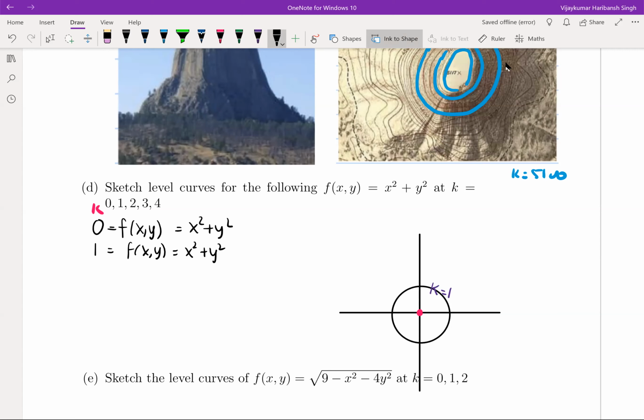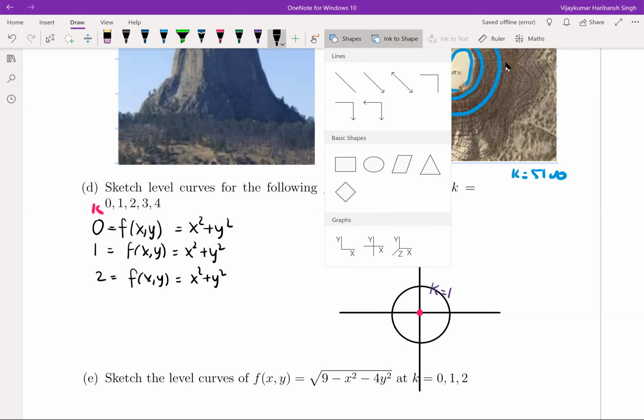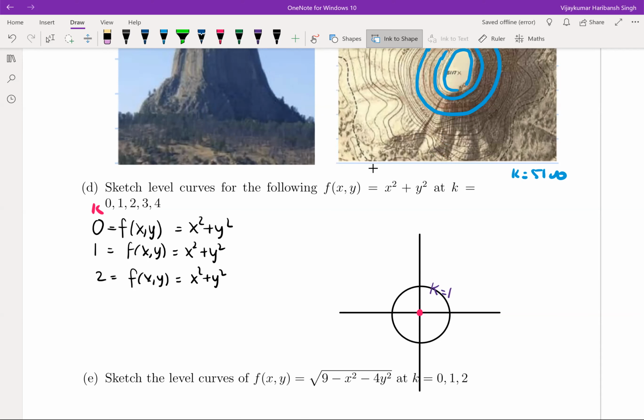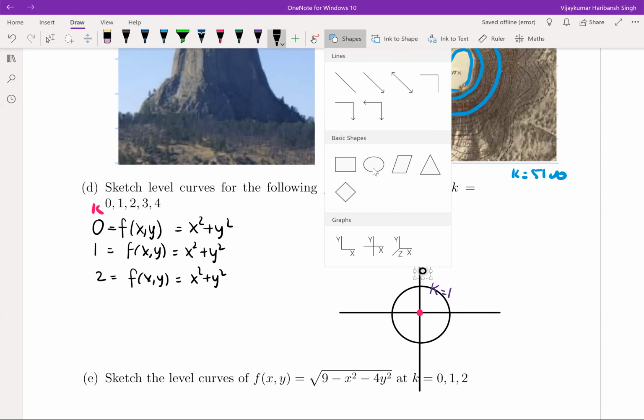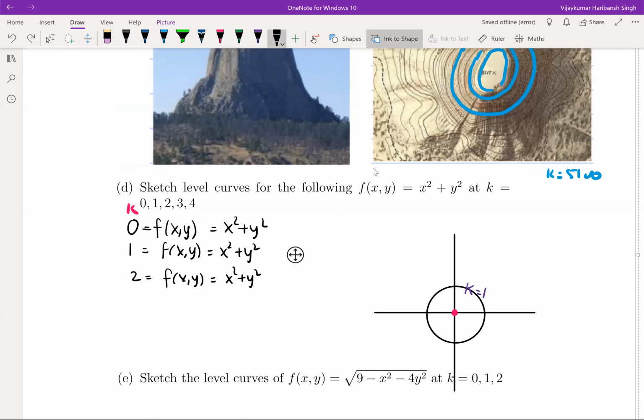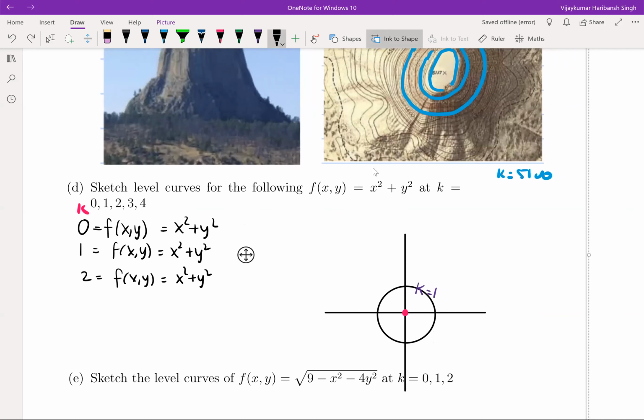Similarly, if I have f of x, y equals x squared plus y squared, in this case if k is 2, I get a slightly bigger circle, a circle of radius square root of 2. Square root of 2 is bigger than 1, it's 1.41 something. So we get a circle of radius bigger than 1.